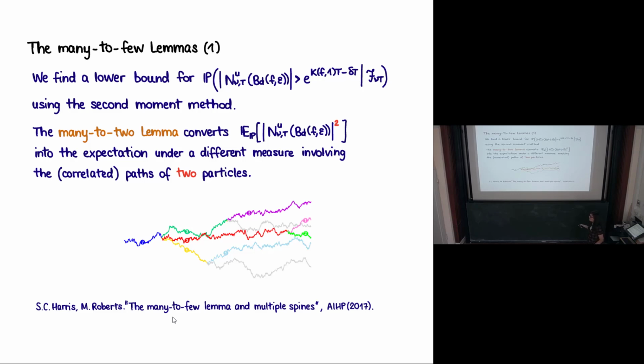This is a very general result by Harris and Roberts. You can compute the k-th moments, translating the expectations into expectations that only involve k correlated paths. For example, this is the 7th moment. You start with all the spines following the same path, and then at some point, some of them decide to follow one child path, and some of them separate.